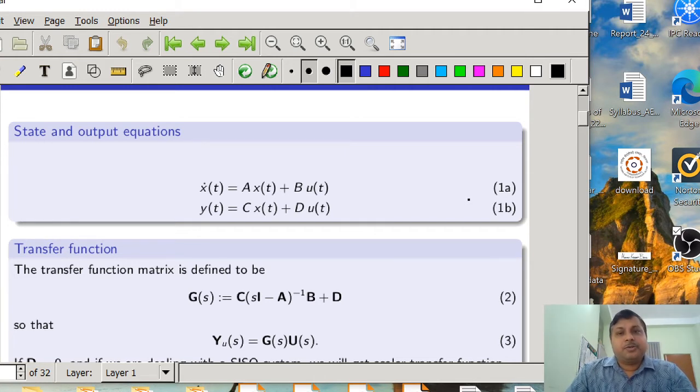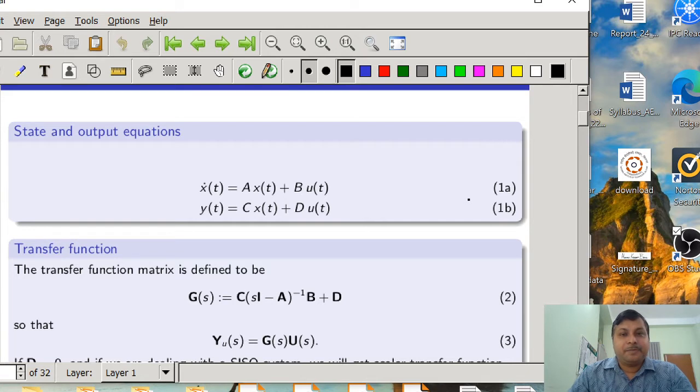And in this lecture you will find that some models will be useful to analyze the stability of the system. If the system is represented in a particular canonical form, it will be easy for us to determine the stability. Some standard forms will be helpful in design, when we want to design the controller or the observer.